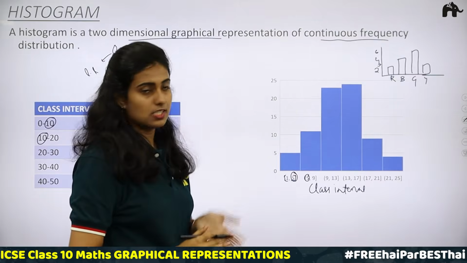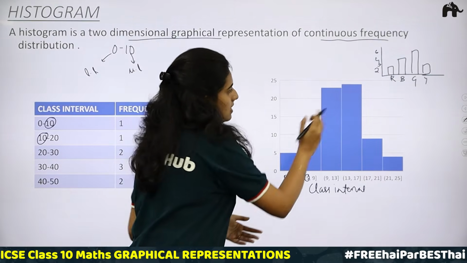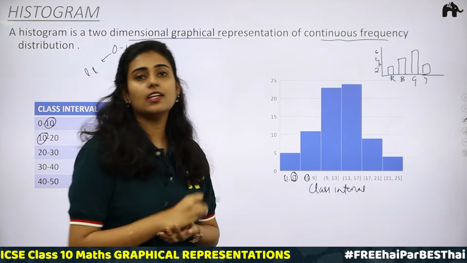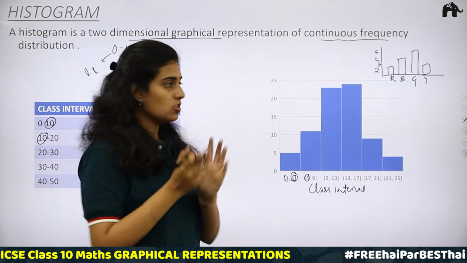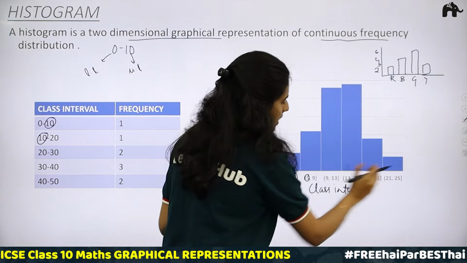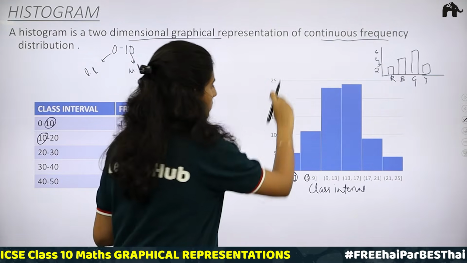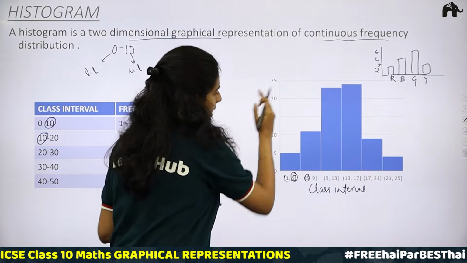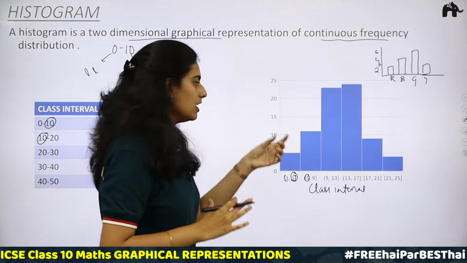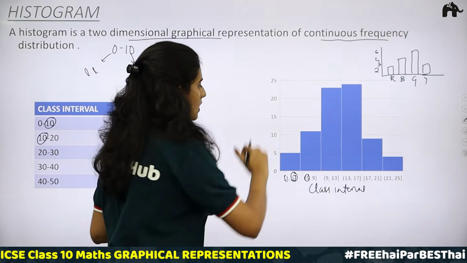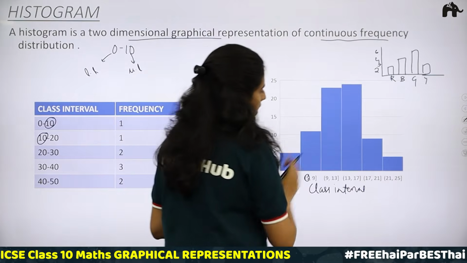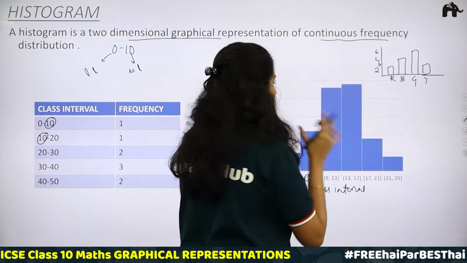When the breadth changes, the area of the rectangle also changes, since the area depends on length and breadth. So here the class interval is proportional to the base on the x-axis, and the frequency is proportional to the y-axis, the height of the rectangles. When the frequency increases, the area also increases. Based on this, we can say which is greater and understand the graphs.